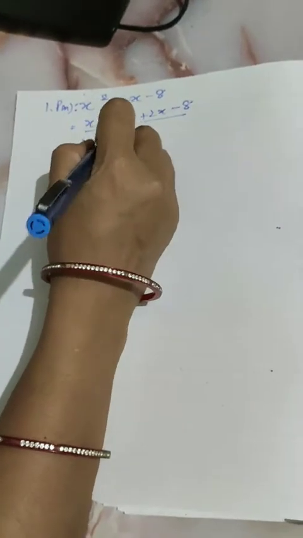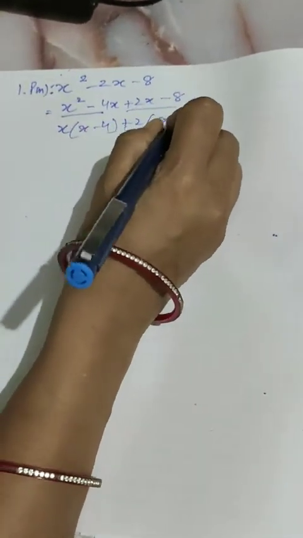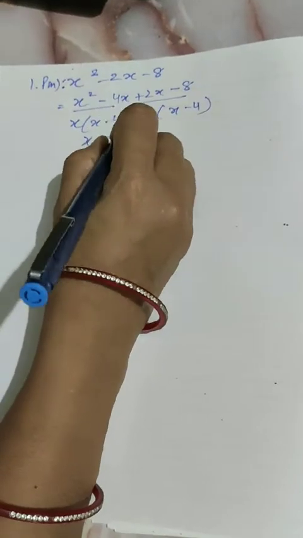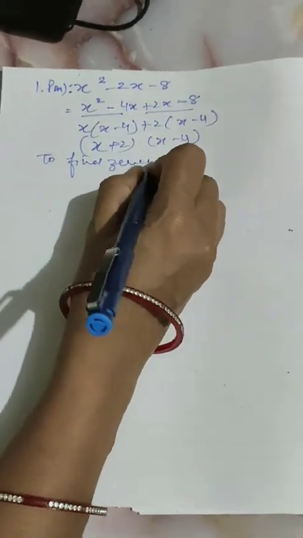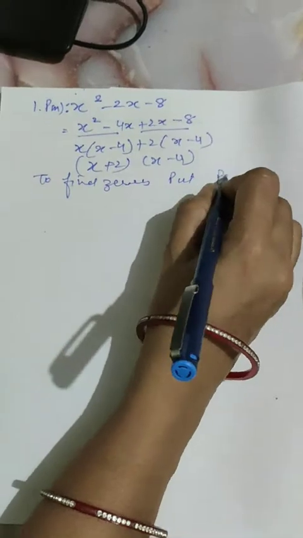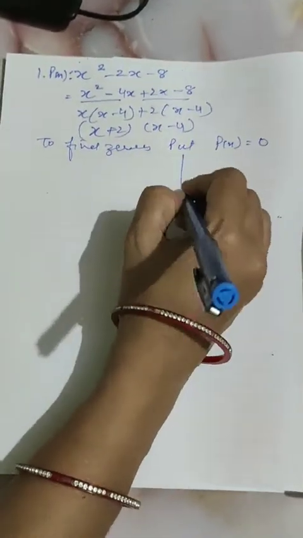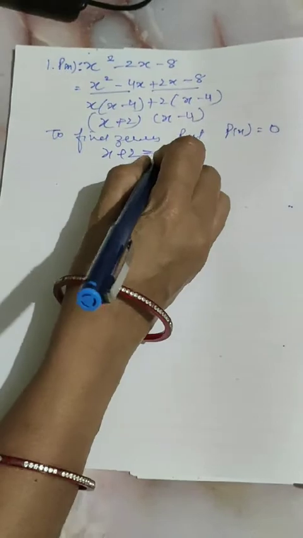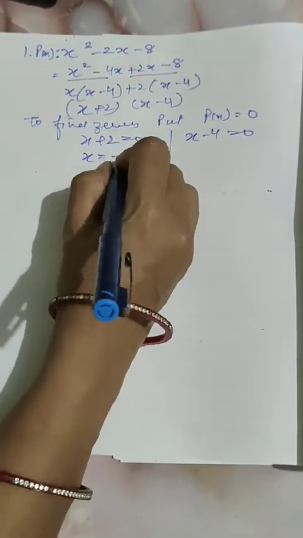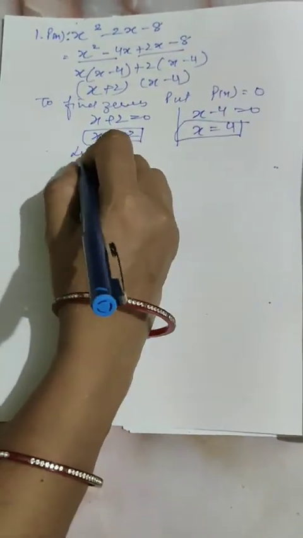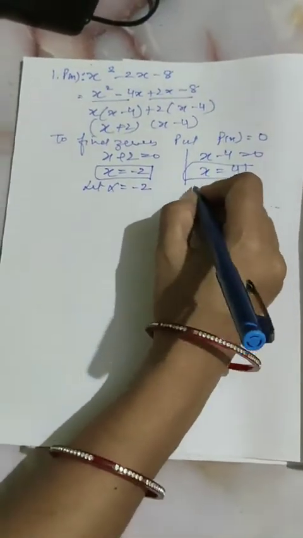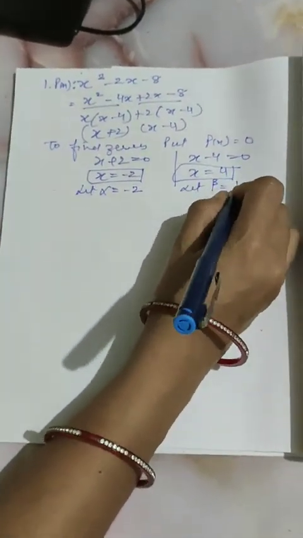So x into x minus 4 plus 2 into x minus 4. x plus 2 into x minus 4. Already I told you to find zeros, put px equal to 0. So either x plus 2 equal to 0 or x minus 4 equal to 0. So x equals minus 2, that is the first zero. x equals 4, second zero. So let alpha equal minus 2, let beta equal 4.